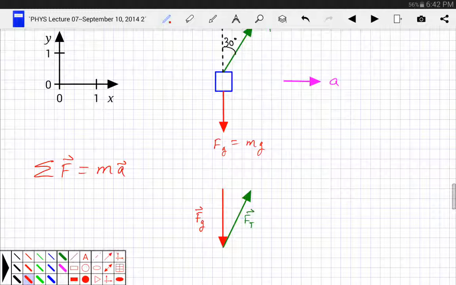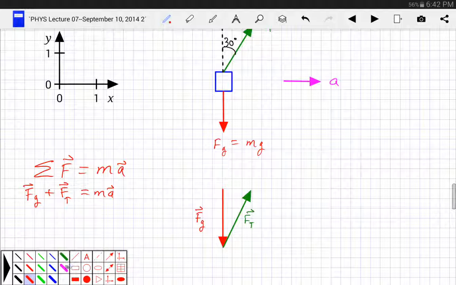And I know that I have the equation here that says the force of gravity vector plus the force of tension vector is equal to mass times the acceleration vector. So that means that my resultant, going from start to finish, I should have made that a little longer, is going to be mass times the acceleration vector.